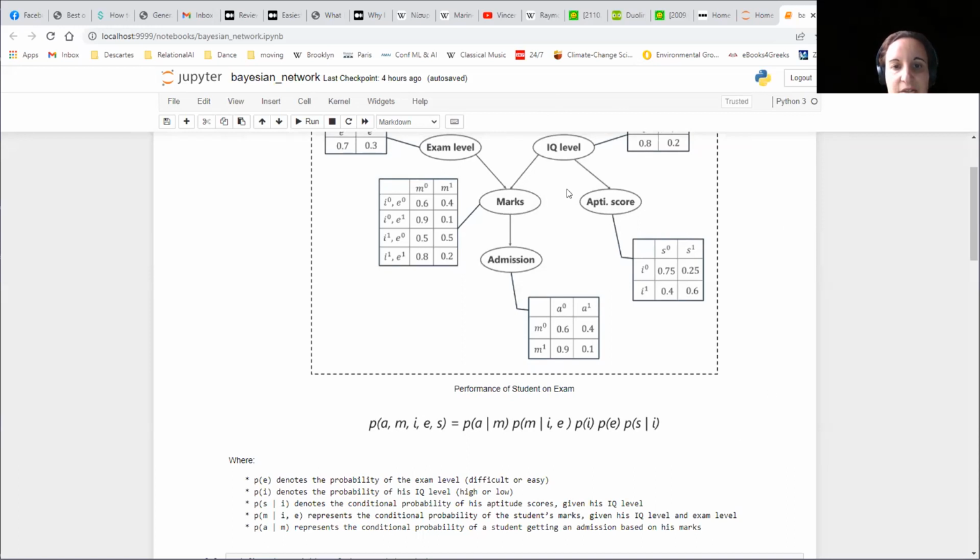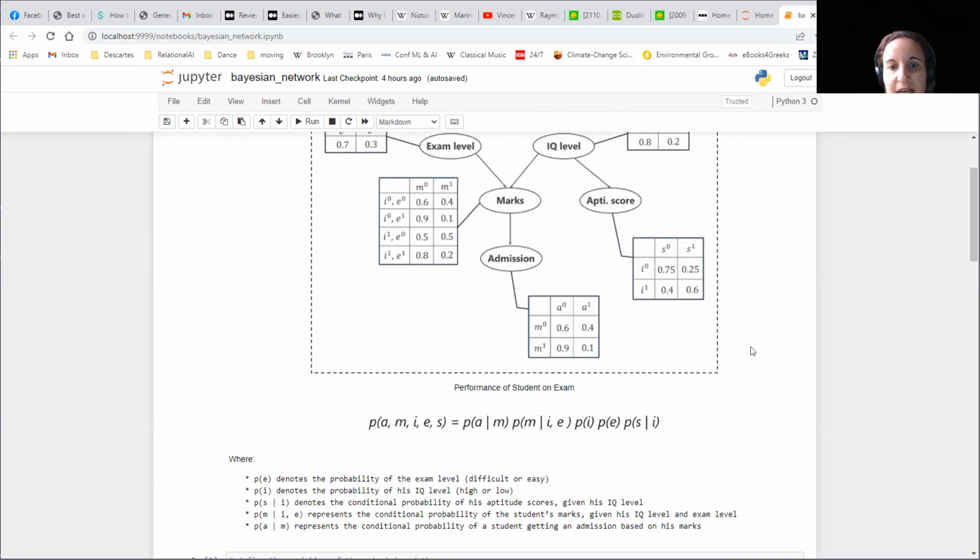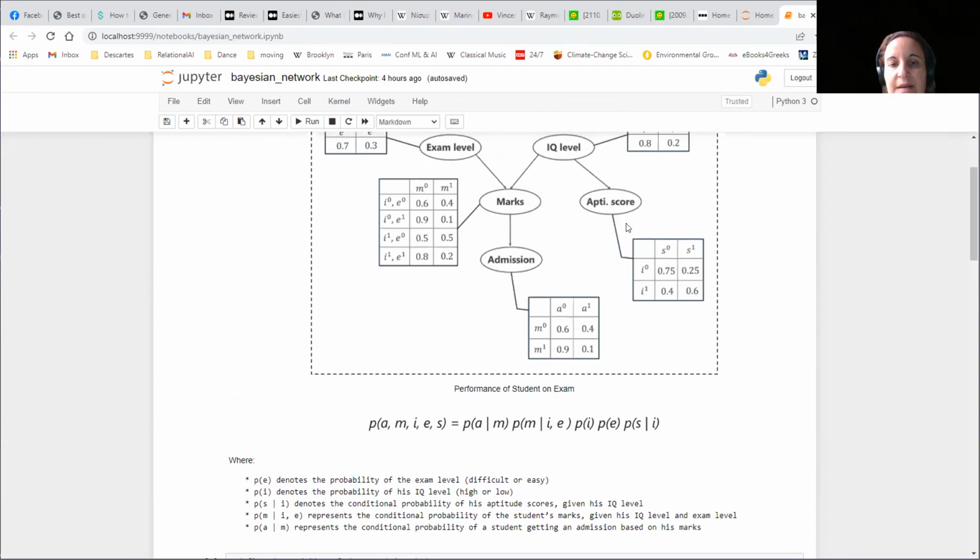Okay. So having this graph, we can define the probability distribution of those variables, the joint probability distribution, P(A, M, I, E, S), where A defines whether the student is admitted, M defines the level of the marks, whether the student got good marks or not.